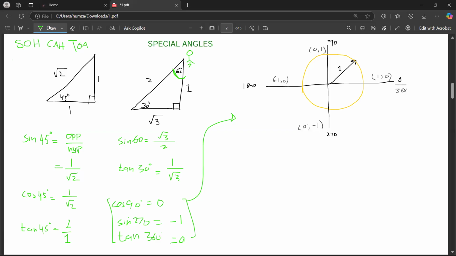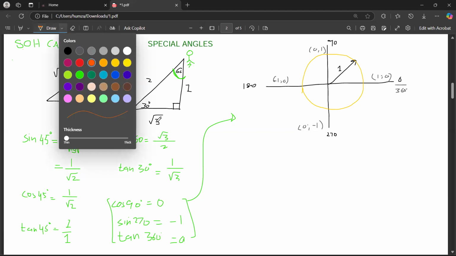It will give you the same values. Now we move on to the next part. Now we are going to look at the actual exam questions.